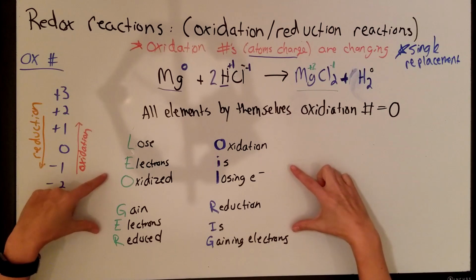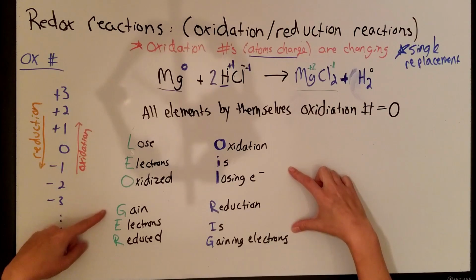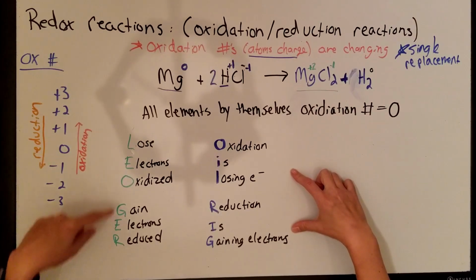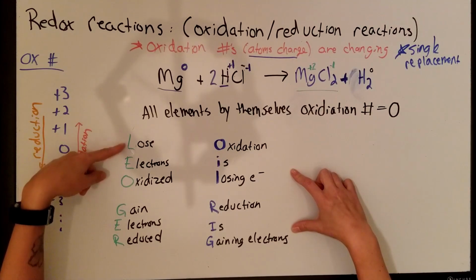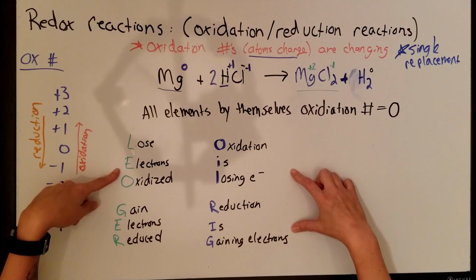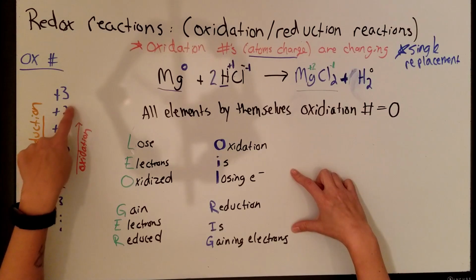There are also 2 monikers that you can memorize that help remember. So one of them is LEO the lion says GER. Lose electrons, oxidized. So if you're losing electrons, you're losing a negative charge, which means you're going to have a positive. If you lose electrons, that element will become positively charged.